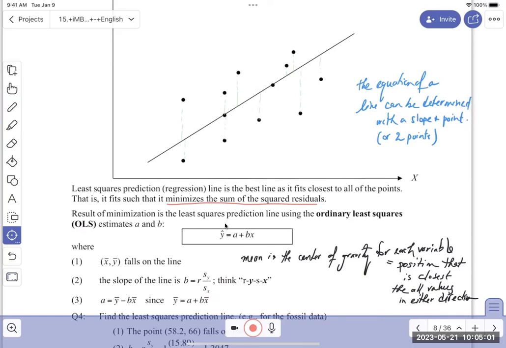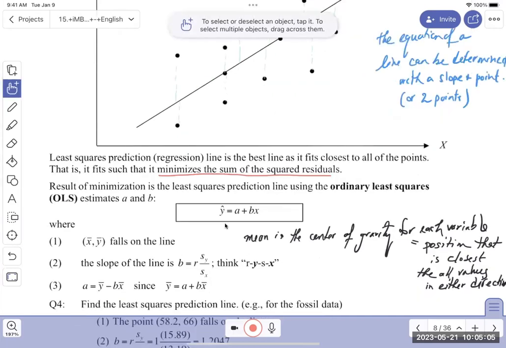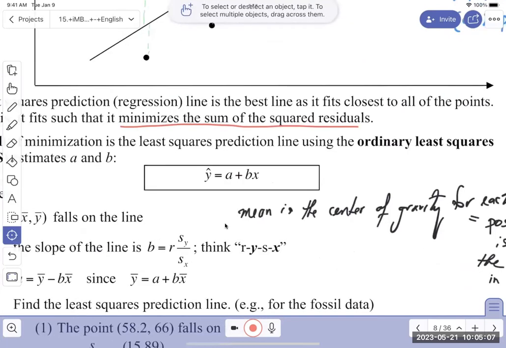So in this way, if R is positive, B, the slope, will be positive. If R is negative, B, the slope, will be negative. How do I know that?